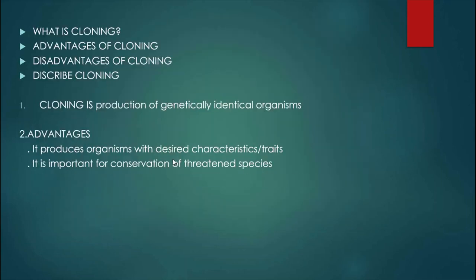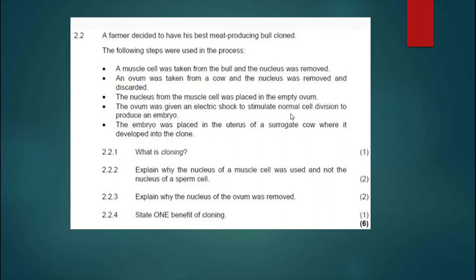I told you cloning is the production of genetically identical organisms. The second question, explain why the nucleus of a muscle cell was used and not the nucleus of a sperm cell. Because the muscle cell is diploid, whereas the sperm cell is haploid. That's all.